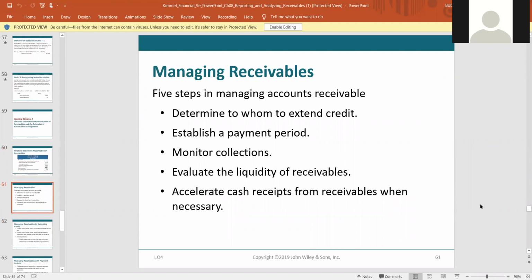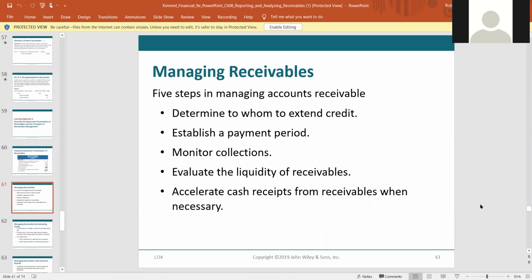There are 5 steps in managing receivables. You want to figure out who you give the credit to, establish a payment period, monitor collections, evaluate the liquidity, and accelerate cash. This is a long-winded way of just discussing how you give out credit in the first place. You have a customer who wants to do business with you.